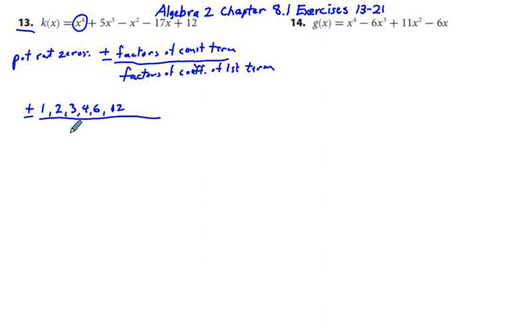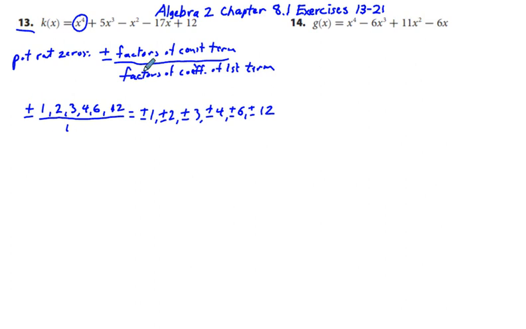And they're going to be over 1 because the coefficient of the first term is 1. So what we have here is possibilities of plus or minus 1, plus or minus 2, plus or minus 3, plus or minus 4, plus or minus 6, and finally plus or minus 12. Quite a list.